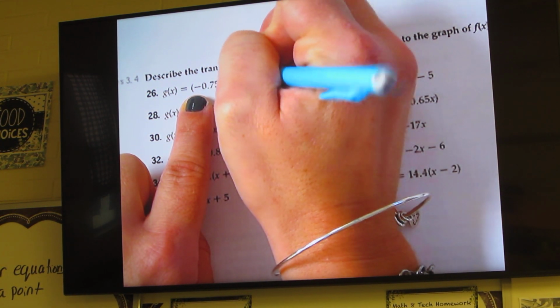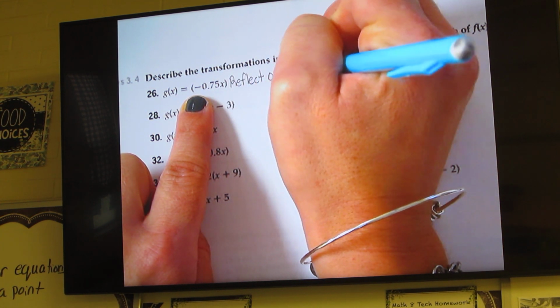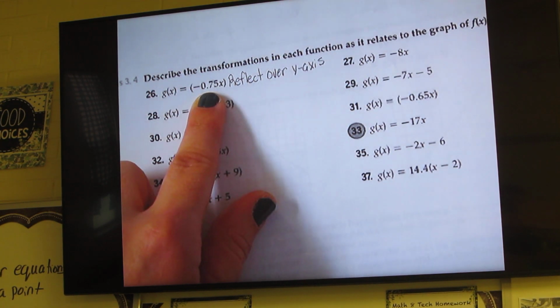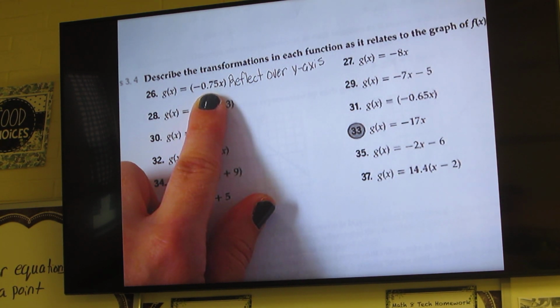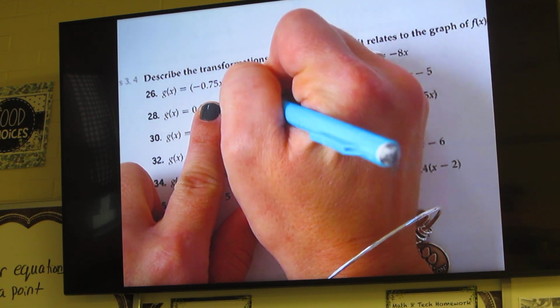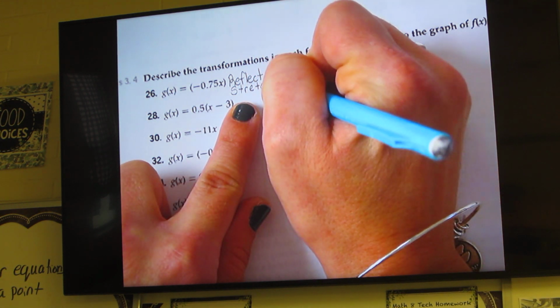So reflect over y-axis. And then this is also a dilation because you have a coefficient here. And so I go and look, this is inside parentheses, so it means it's going to be a horizontal dilation. This number is in between 0 and 1, so that means it's going to be a stretch. And I'm looking totally at my notes that I just had up on the board. So I write stretch horizontally.